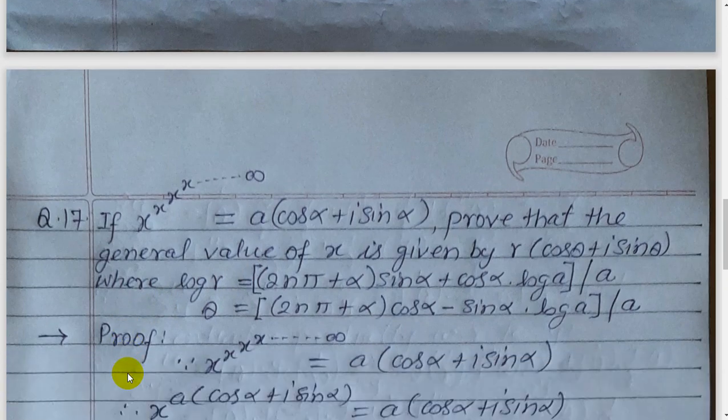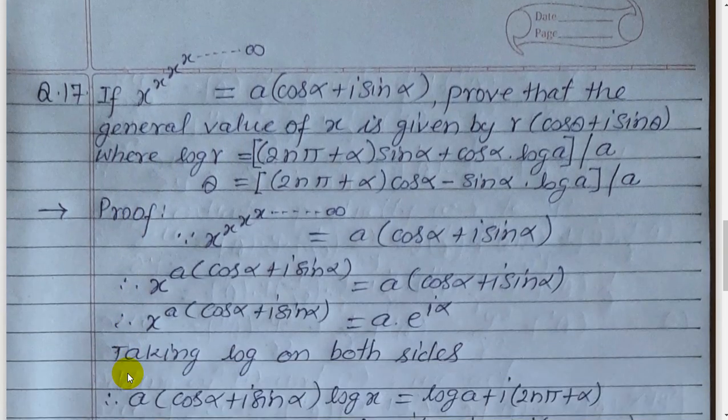Now see the proof of this question. For the proof, since x to the power x to the power x to the power x dot dot dot up to infinity equals a into cos of alpha plus I sin alpha, which is given in the question.